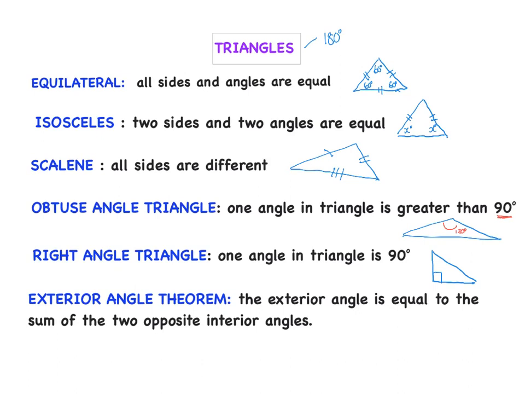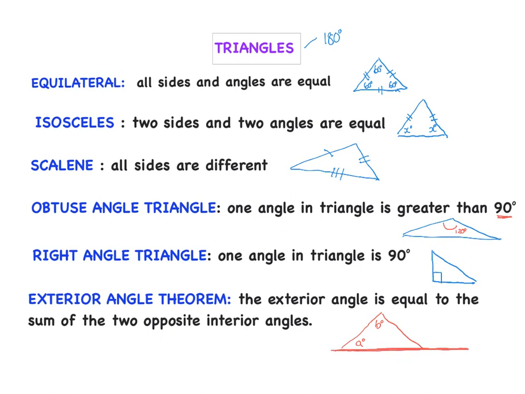Okay, so the exterior angle theorem is this. So I'll show you. So you've got 2 angles in your triangle here, and you've got a straight line along the bottom here.